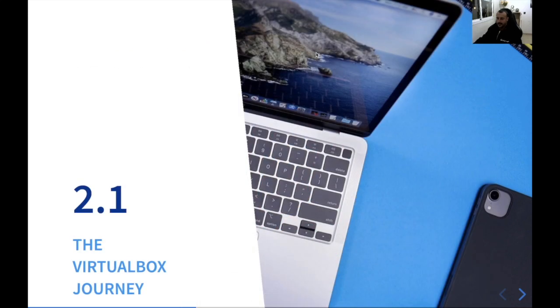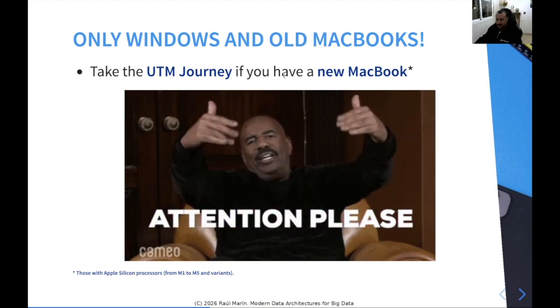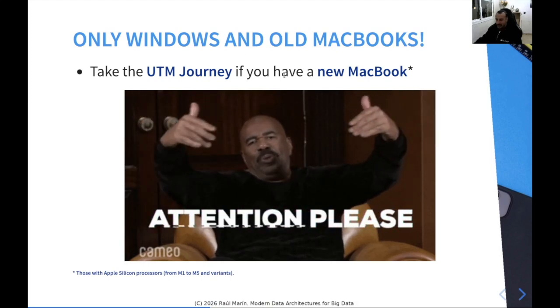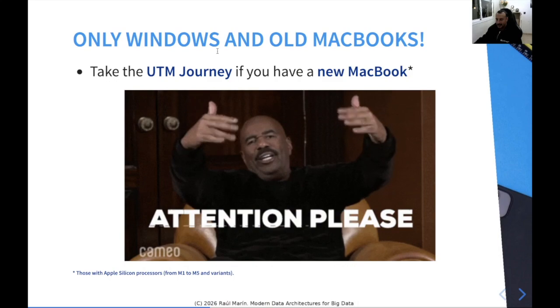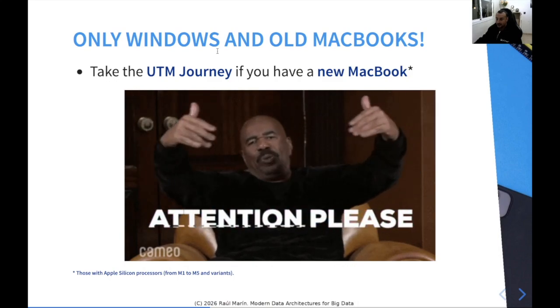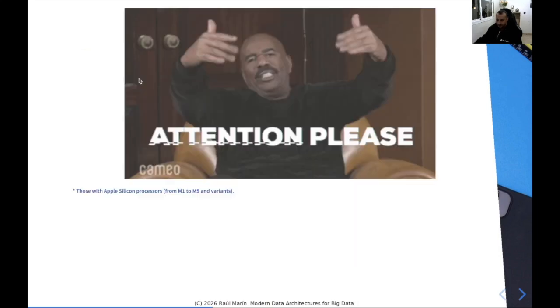So you have an old Apple computer with an Intel processor, or you have a Windows machine with an Intel compatible processor, Intel processor, or AMD64 processor. So that means that's the journey you need to follow. So it's important that you are 100% sure that this is what you have. Otherwise, jump straight into the UTM journey.